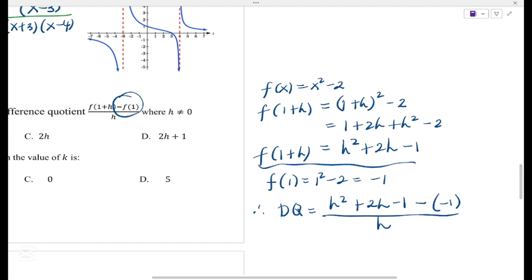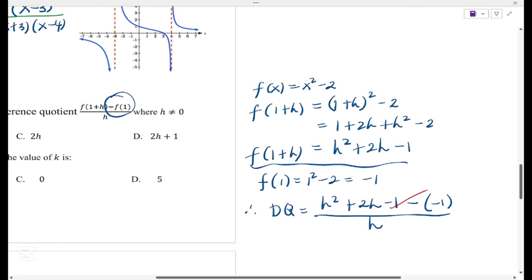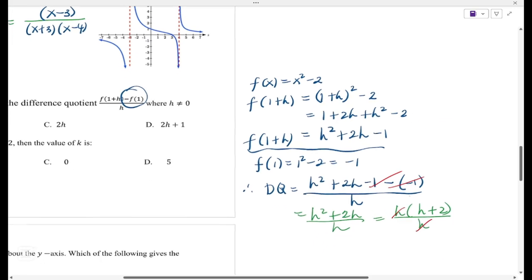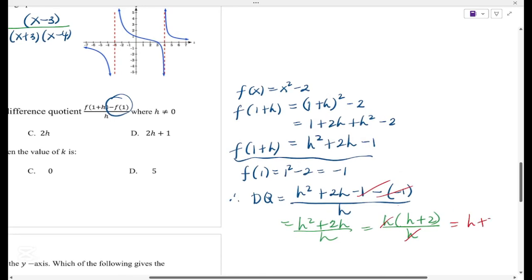So here we can see that we can cancel this because negative 1 minus minus 1 is 0. And then we will get h squared plus 2h divided by h, and then factoring out h, the other factor is h plus 2, and then we can now cancel the h here. The answer, we will get h plus 2.